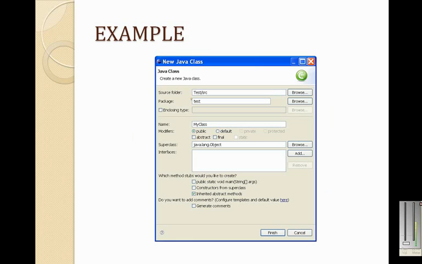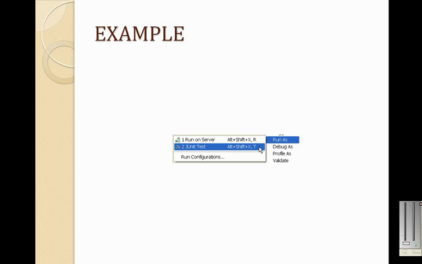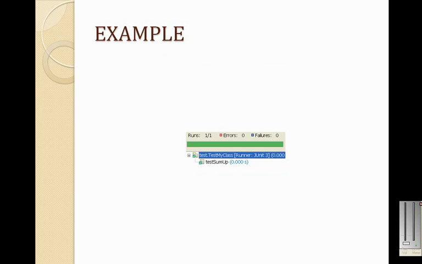Next, we need to create the corresponding class, MyClass. After that, we can run the unit test, and as you can see, the test has passed even though we haven't implemented any logic into the test case.